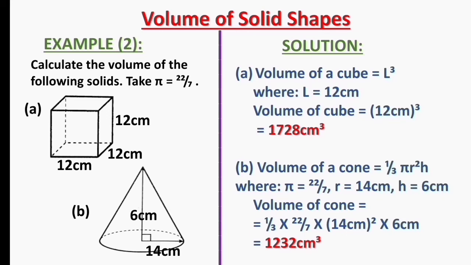Substituting these values into your formula for the volume of a cone and solving, you are going to get the volume of the cone as 1232 centimeter cube. I hope question 2 is clear to you.